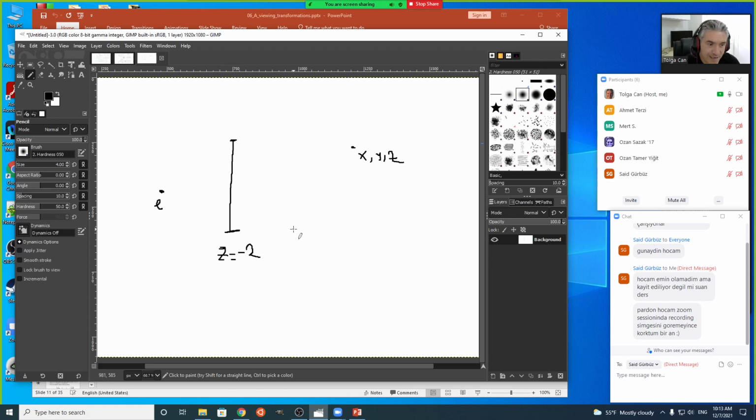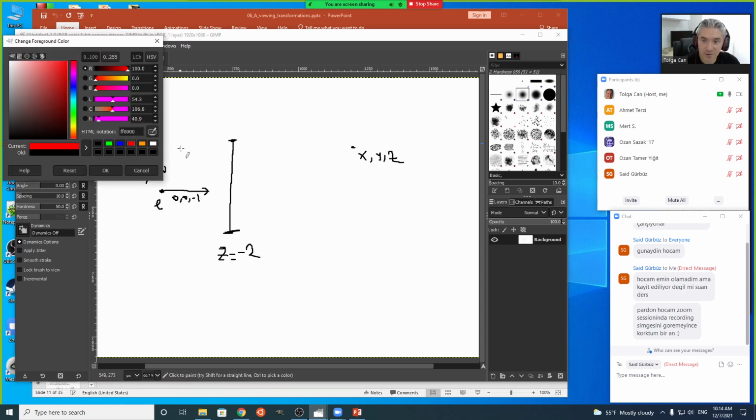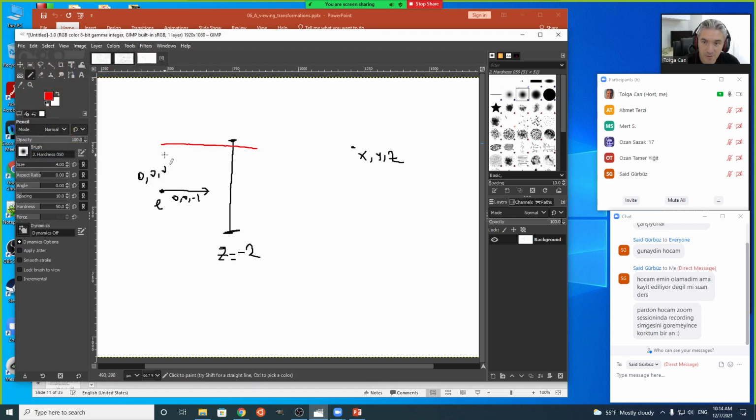Everything here should have negative Z values, because the things that I see lie in negative Z space, since my camera is at 0, 0, 0 and my gaze vector is 0, 0, -1. Imagine you have an image plane at Z equals -2, and we are looking at it from the side. Now, in orthographic projection, all the rays are parallel to each other and to the gaze direction, hitting this image window like this.